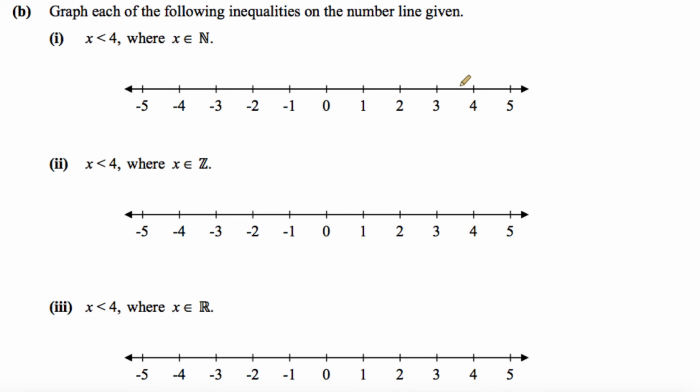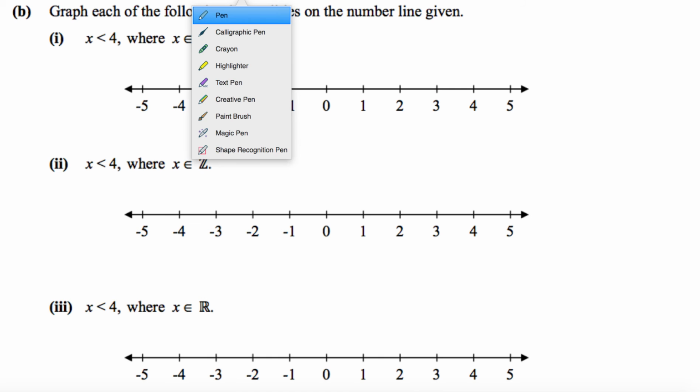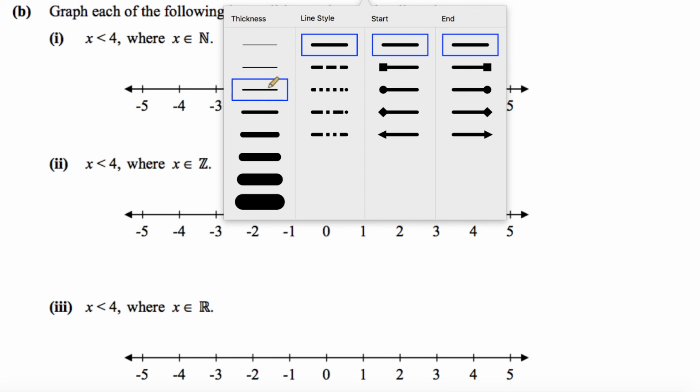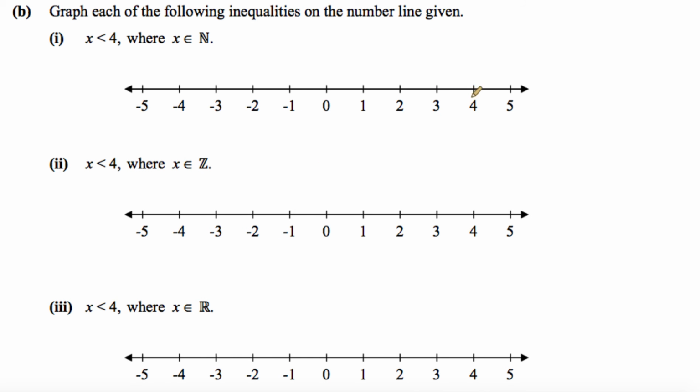Okay, so if x is less than 4, choose a slightly thicker pen here, that means x can't be 4, but it can be 3. And so they're natural numbers, so it's only whole numbers. It can be 2 and it can be 1. But it cannot be 0 or the negative numbers because they are not in the natural set of numbers. So it's just the 3, the 2 and the 1.